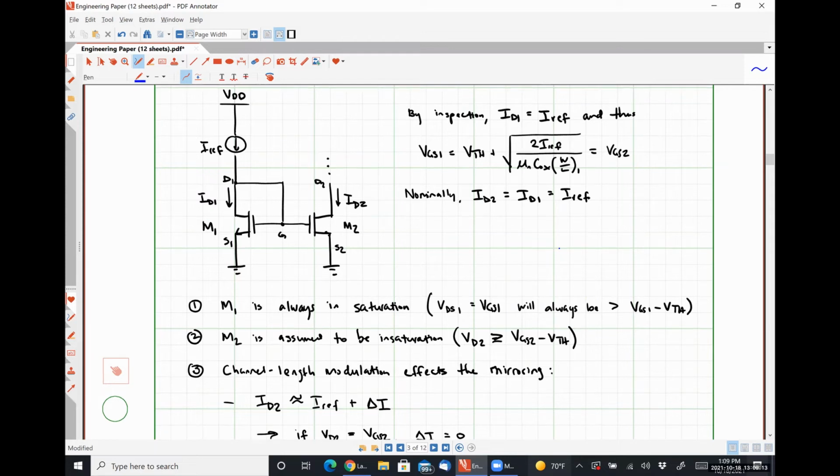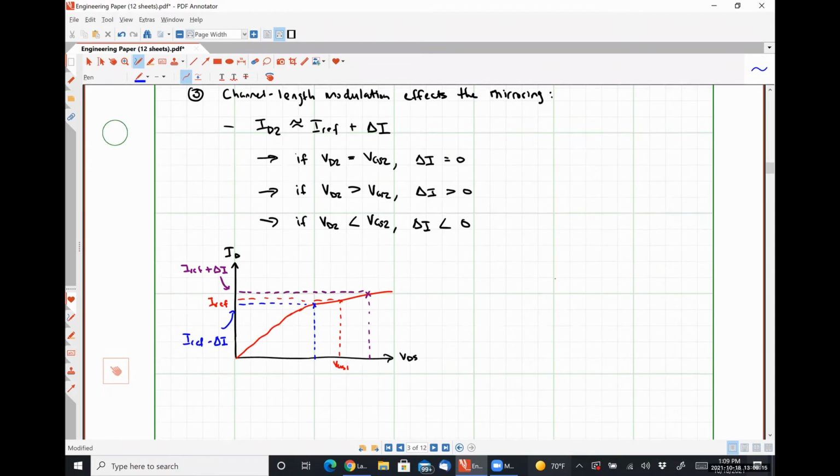Okay. So that's why I can say on this curve, my red curve for what transistor M1 is doing, VGS1 occurs somewhere in that channel length modulation regime, right? So where it's not perfectly flat, it's tilted up slightly because that pinch off point is being moved, or is effectively shortening the channel length, okay?